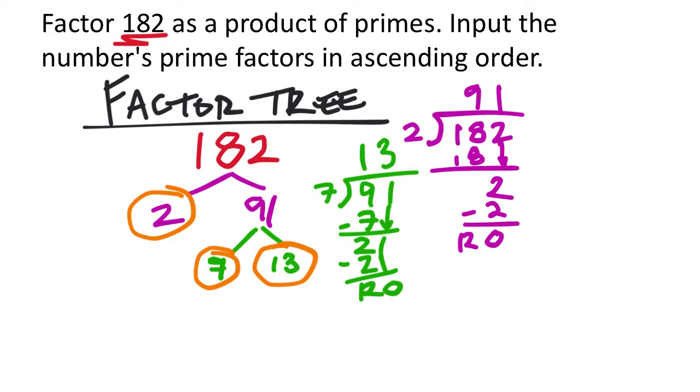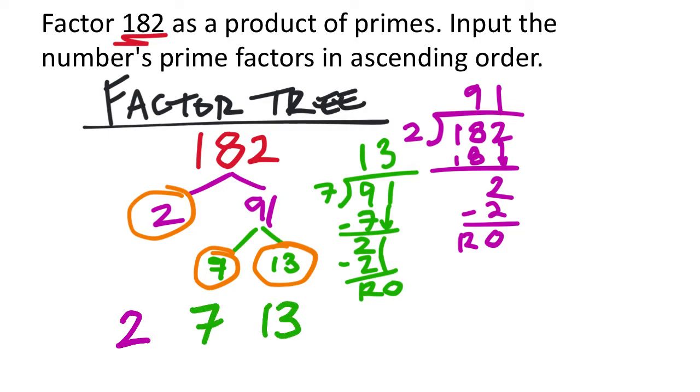So, our final factors, and this says input the number's prime factors in ascending order. Ascending means you're going to list them from smallest to biggest, and I didn't really do this on purpose, but they're already in ascending order from left to right. So we have the 2, and the 7, and the 13.